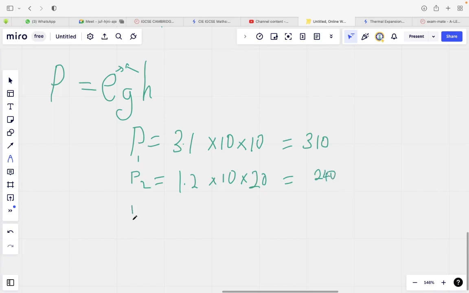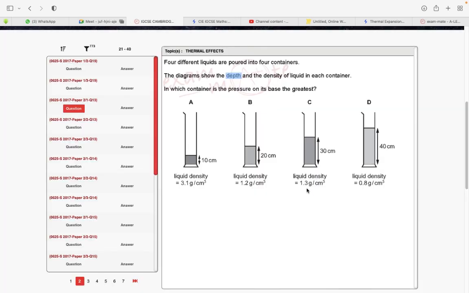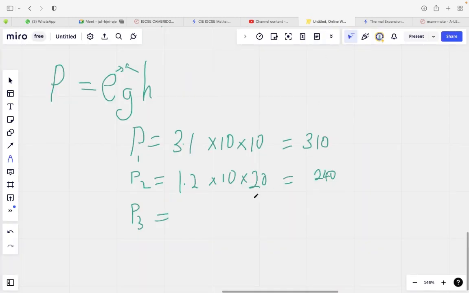Now P3: 1.3 times 10 times 30. 30 times 13 is 390. So this is 390.